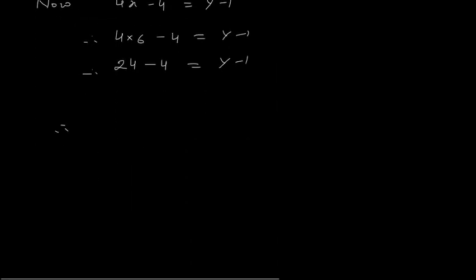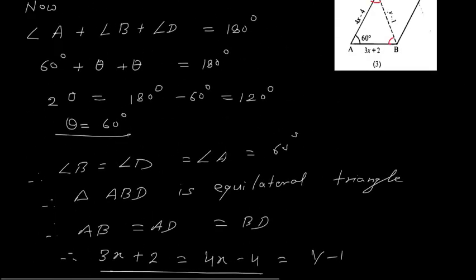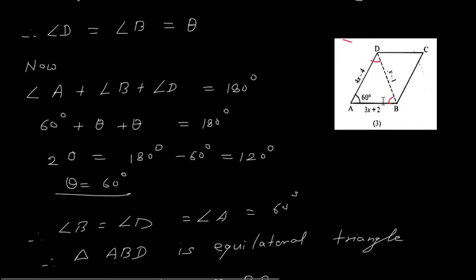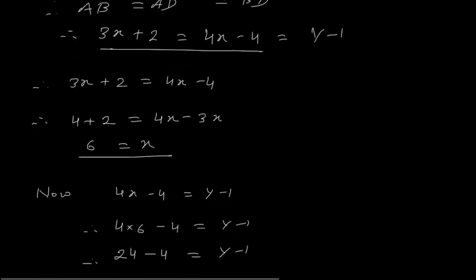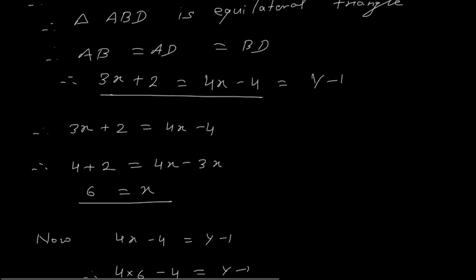So that gives me 20 equal to y minus 1, and y equals 20 plus 1 equals 21. So the value of y is 21. Okay, simple. So I got the value of x as 6 and the value of y as 21.